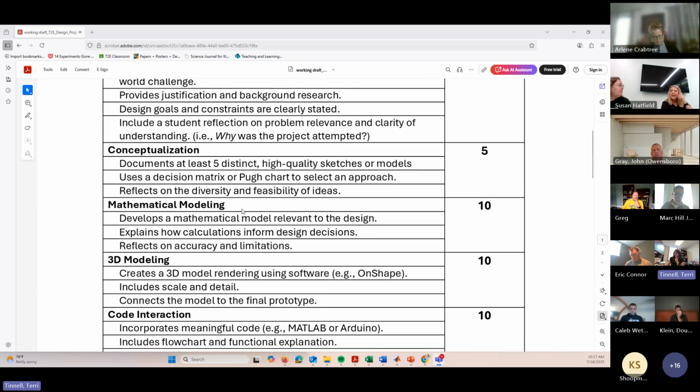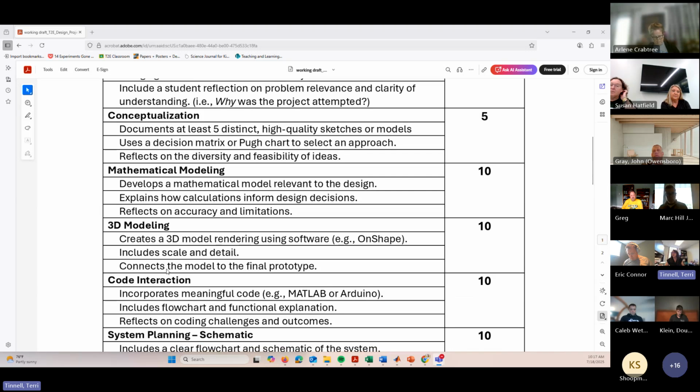Then we're talking in terms of mathematical modeling, how are our students connecting to mathematical relevancy, like can they connect their physical builds or designs to mathematical equations, ways of being able to explain what it is that they're designing and why.